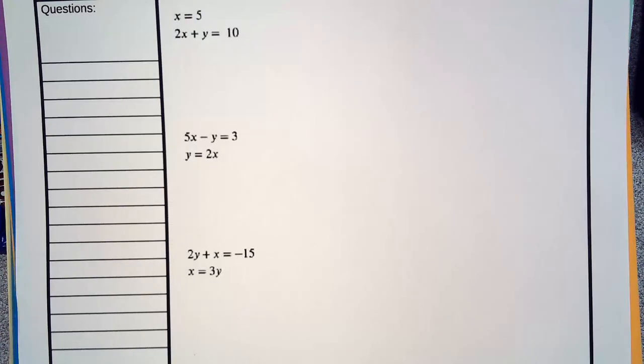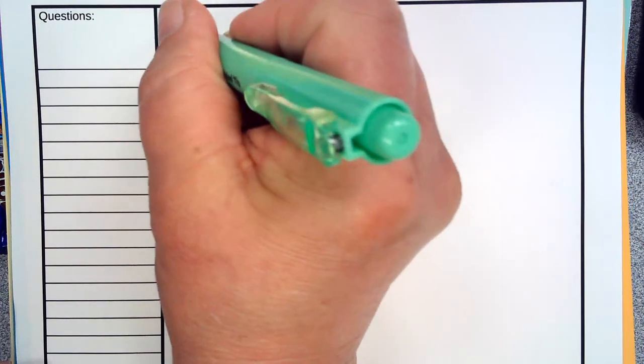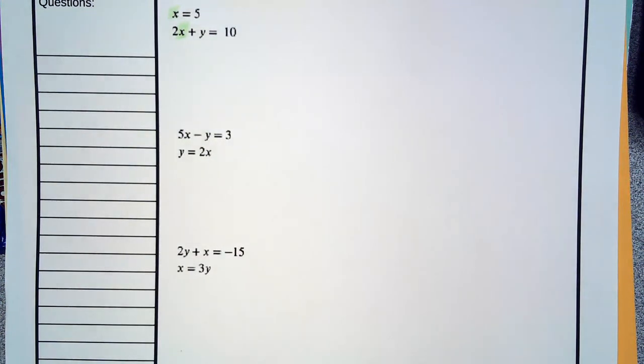Okay, for the next one, the only difference is that you now have an x and a y. So how do you deal with that? You know what x is, so can we substitute it in and find y? This is my x, this is my x. Let's use substitution.